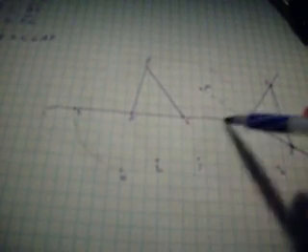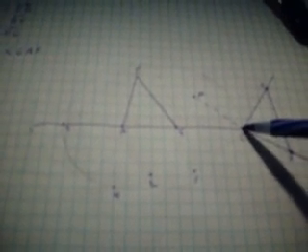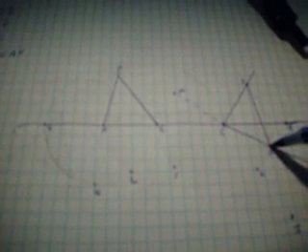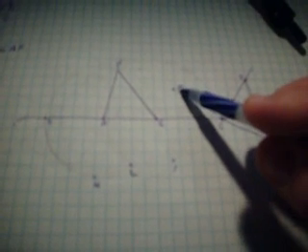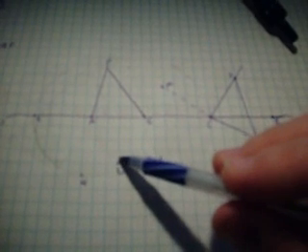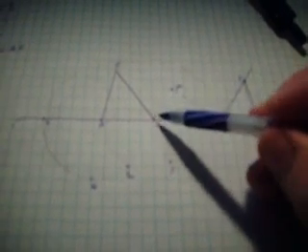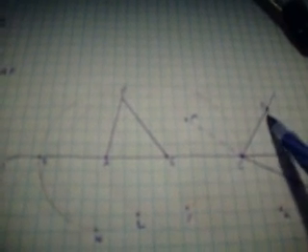You'll extend G out this way, C out this way. And then what you're going to do is you're going to strike an arc, centermost part C, outermost part E, and you're going to get point K. And then you're going to take that centermost point of the equilateral triangle between G and C as the centermost point, outermost point K, strike another arc, you get point L. And then you're going to take your compass once again, centermost part G, outermost part L, strike another arc, and you get point A. And so now, we can say, with all certainty, that the length of CG is equal in length to DE.